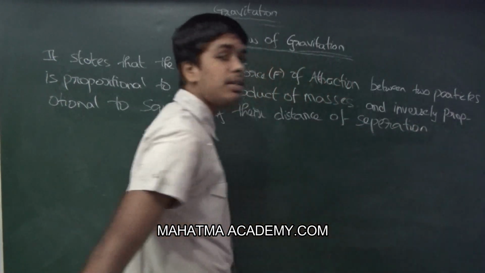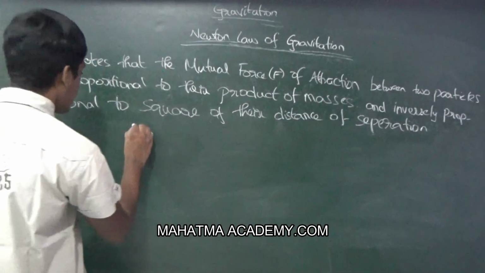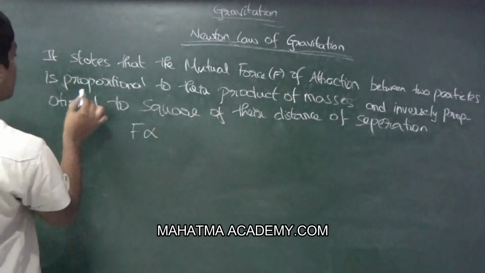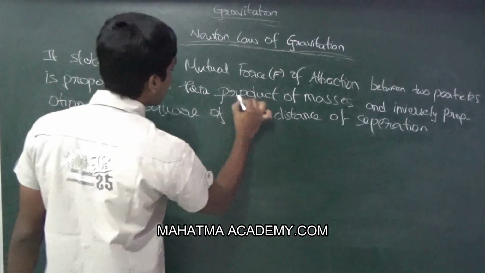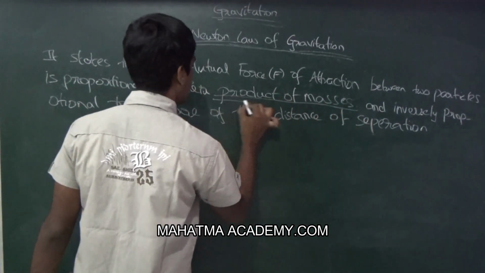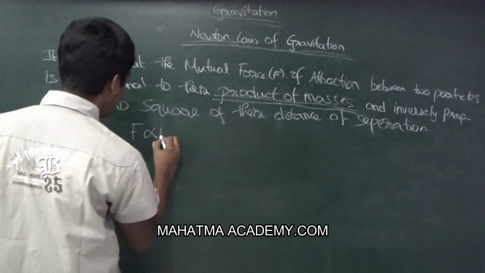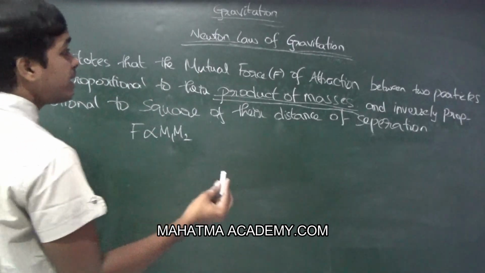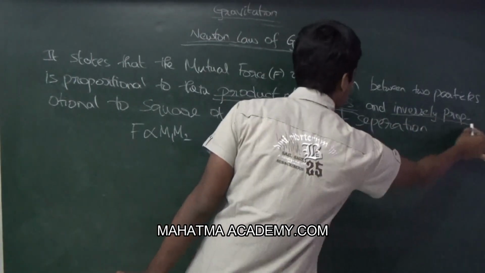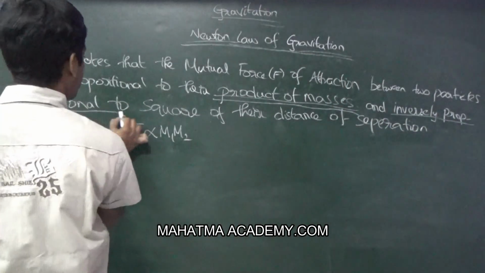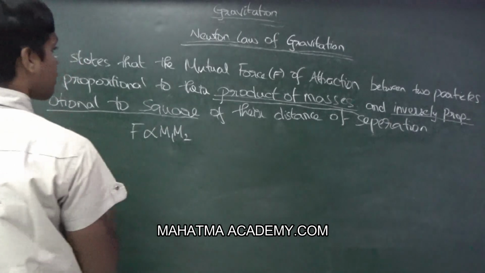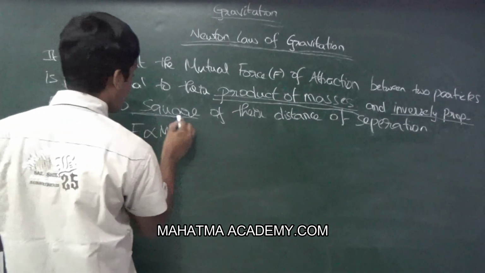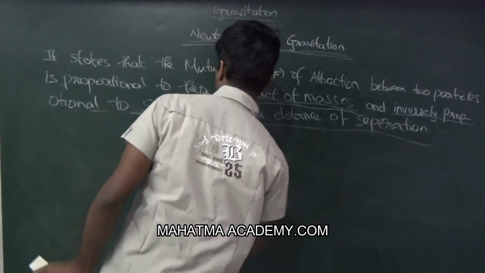So we can write this in a mathematical way as F proportional to the product of masses, that means M1 M2, and it is inversely proportional to the square of the distance of separation.